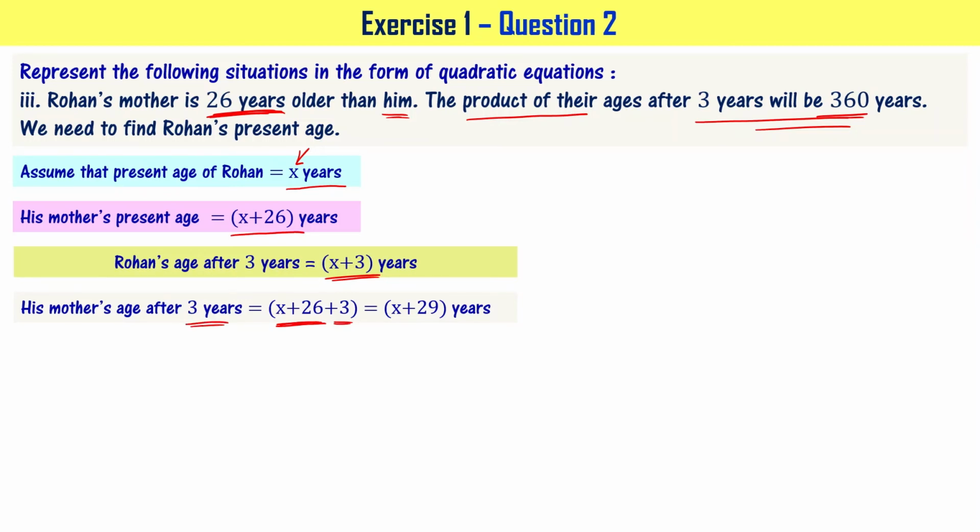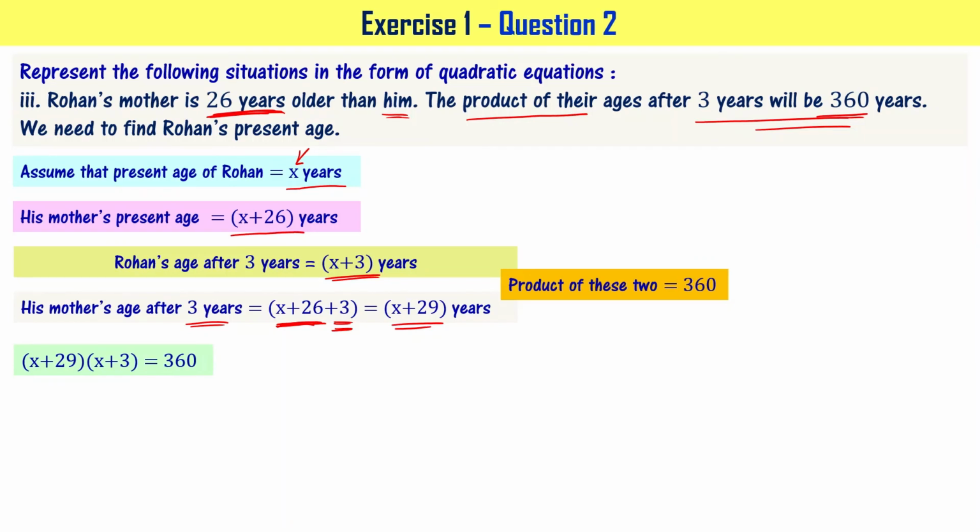This is x plus 26 plus 3, that is x plus 29 years. Product of these two is given, that is equal to 360. Now I can write this in the form of equation, right? x plus 29 times x plus 3 equal to 360.